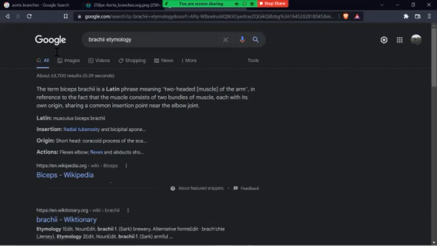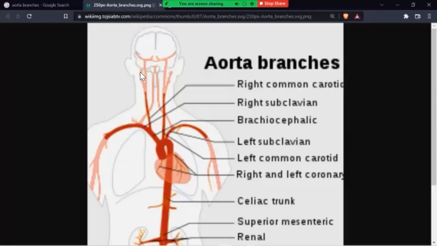The term biceps brachii is a phrase meaning two-headed muscle of the arm. So brachii would be arm. So brachiocephalic.